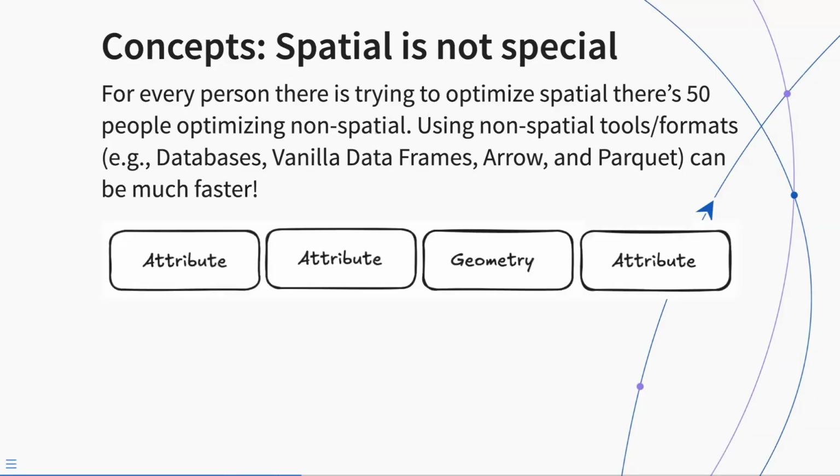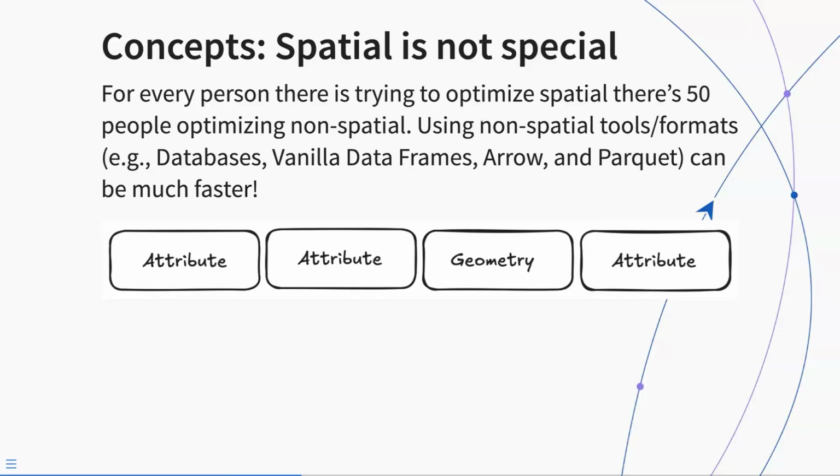But if you think of them as equal, then you can unlock a lot of really fantastic and much faster workflows. The reason for this is mostly that I think I said 1 to 50 here. I'm not actually sure what the ratio is, but there are a lot more people working on optimizing table operations. So if you can put your geometry as part of a table, then you can take advantage of those.